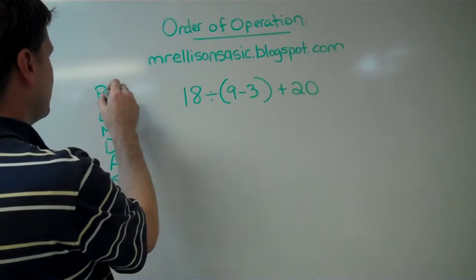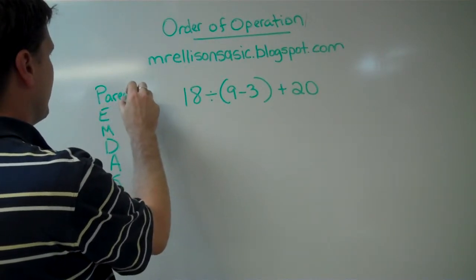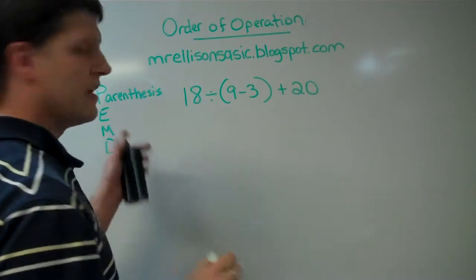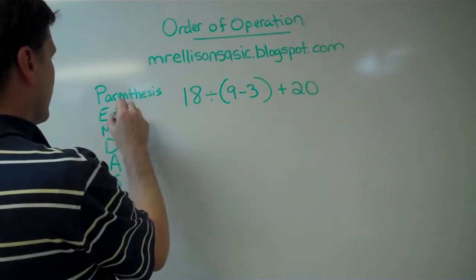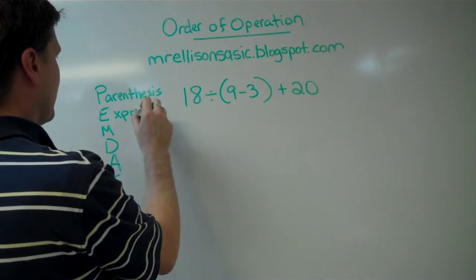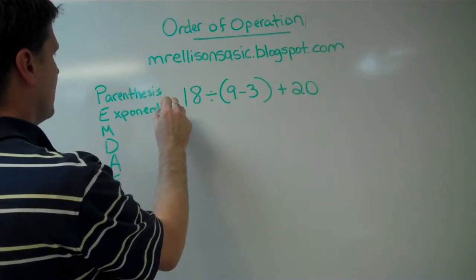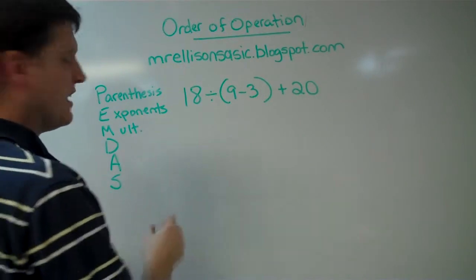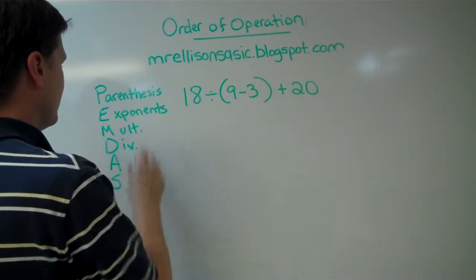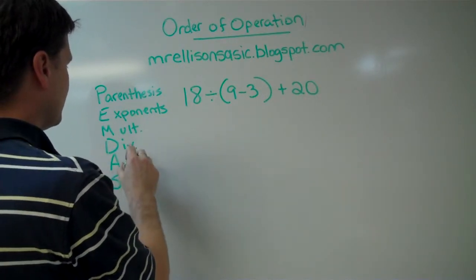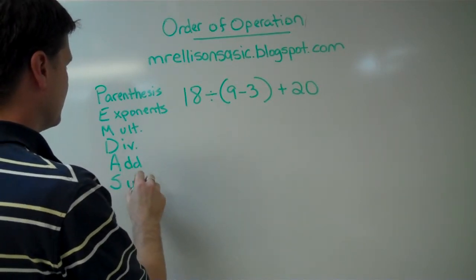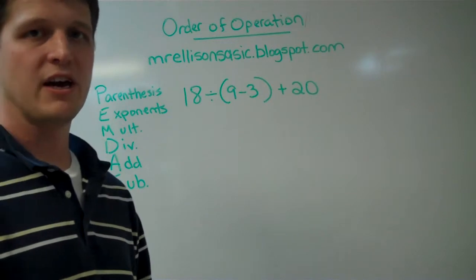The P is the parentheses, and the E is the next order, exponents. Take care of your exponents first. The M is for multiplication. The D is our next operation, division. The A is the addition operation, and then the S is the subtraction operation. And we do those in order, okay?